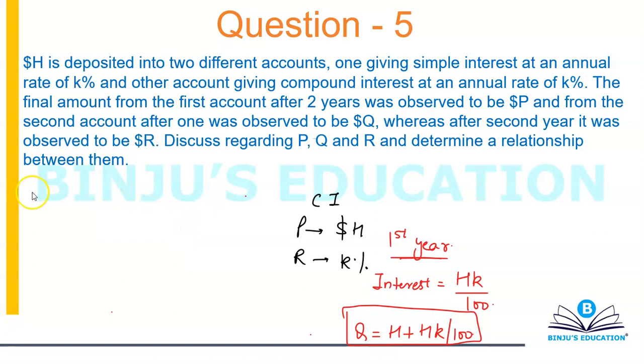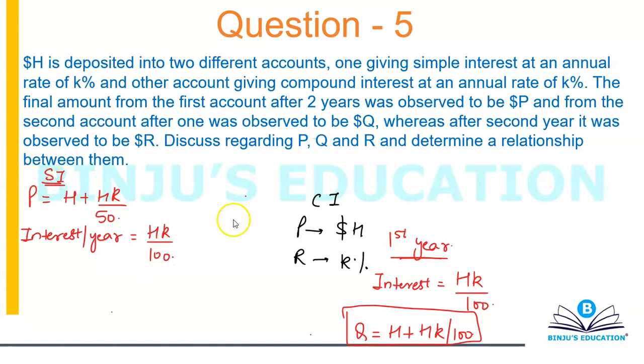So P here is H plus HK by 50, and the interest per year came out to be HK by 100. This was the case of simple interest.